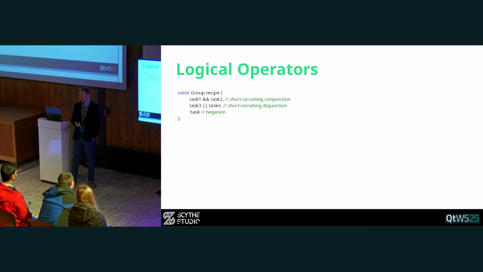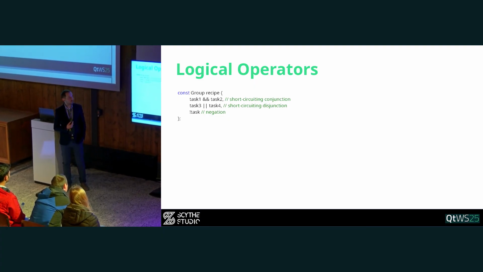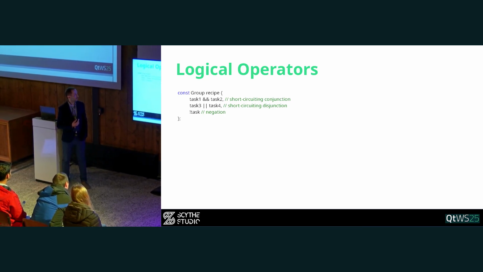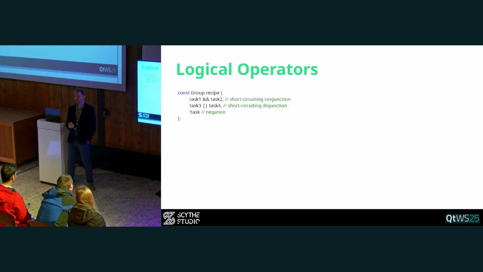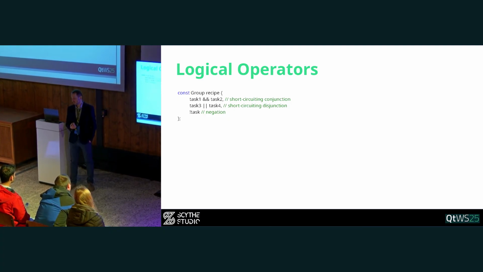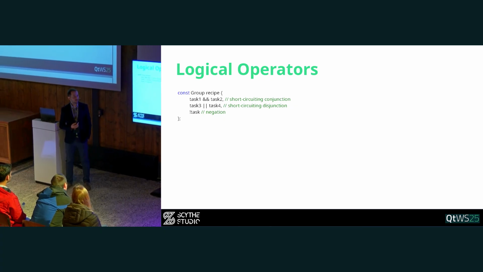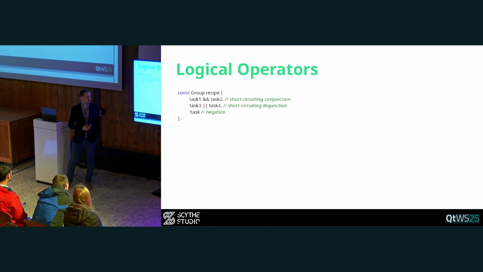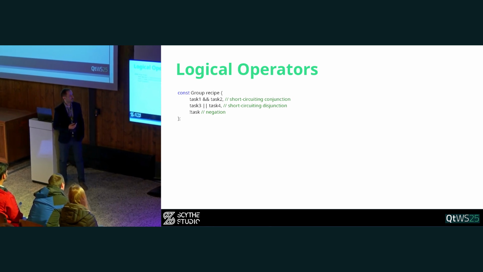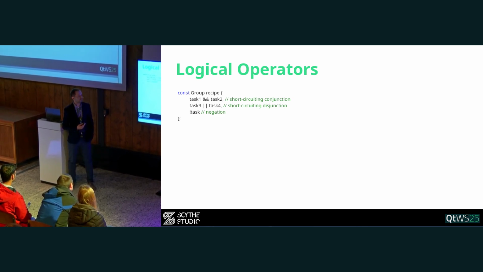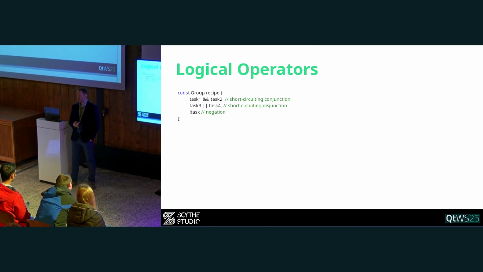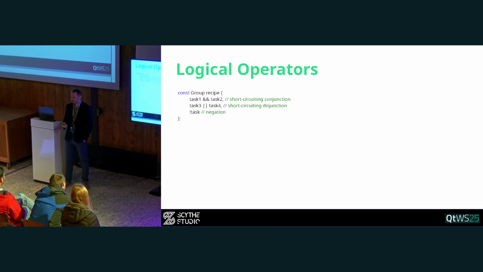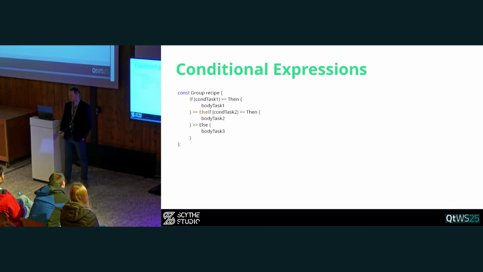In this example, we specify that we have task 1 and 2, and we require both tasks to succeed, but task 3 and task 4 we join by the OR operator, which means that either task needs to succeed for the whole recipe to be considered a success. And in the case of the last task, we use negation, which means that we expect this task to fail. So if the last task succeeds, that would actually be considered an error for the whole recipe.